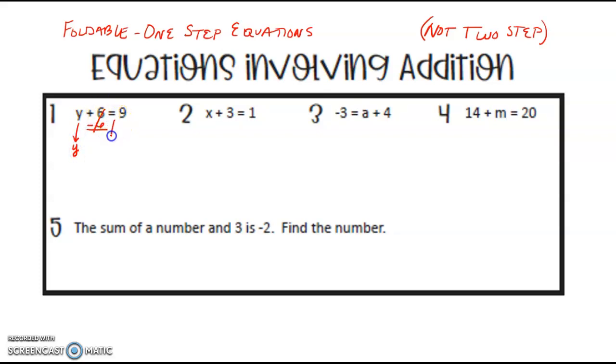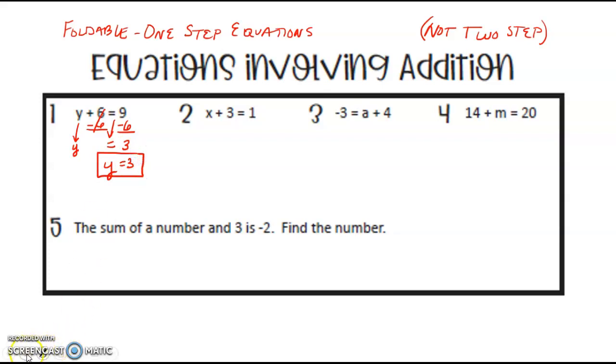My 6 goes away, my equals comes down, and if I subtract 6 on this side of the equals, I have to subtract 6 on this side. That's called balancing. We have it in science where we balance chemical equations, and we have it in math where we balance algebraic equations. So 9 minus 6 is 3, so my answer is y is equal to 3.